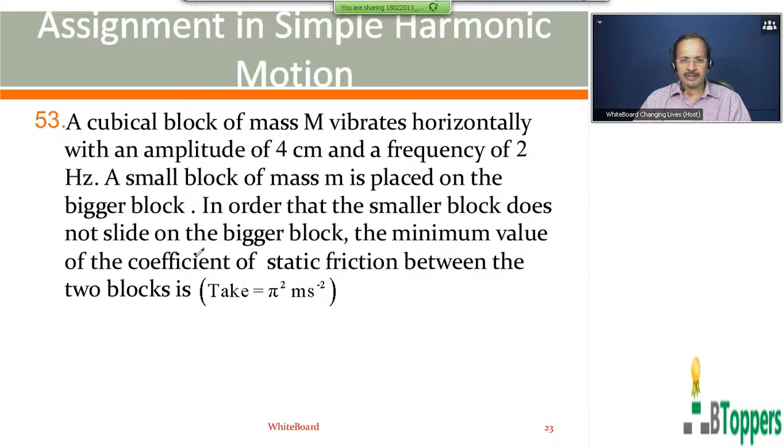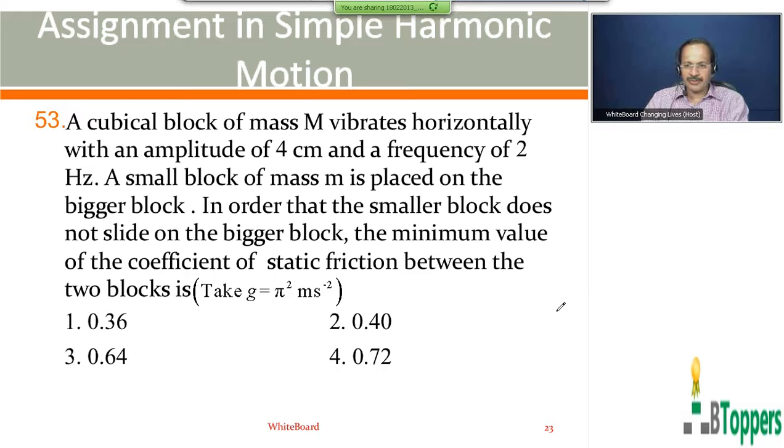In order that the smaller block does not slide on the bigger block, the minimum value of coefficient of static friction between the two blocks is. You have to take g as pi square meter per second square. So within bracket, you have to take small g equal to pi square meter per second square.